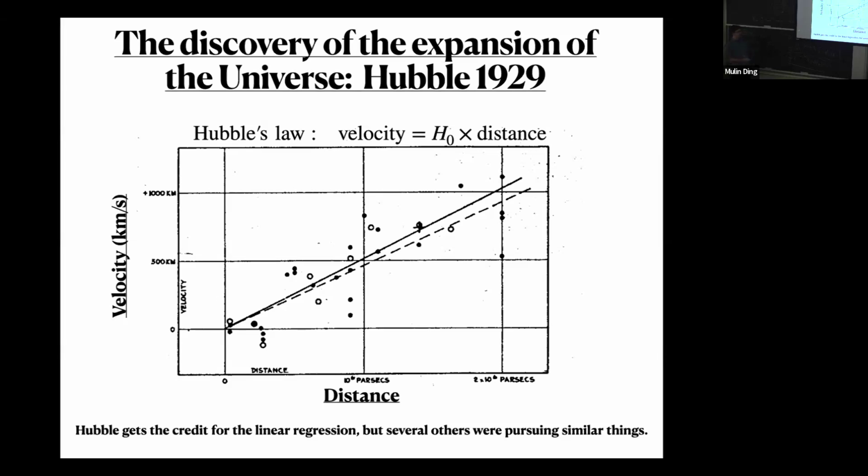Hubble had a bunch of ways of doing this. His favorite was these Cepheid variable stars, where we think we know how much power comes out. Although these are very crude, right? Like, take the brightest star-like thing in the galaxy and assume that they're all the same. I think he had a few methods, right?